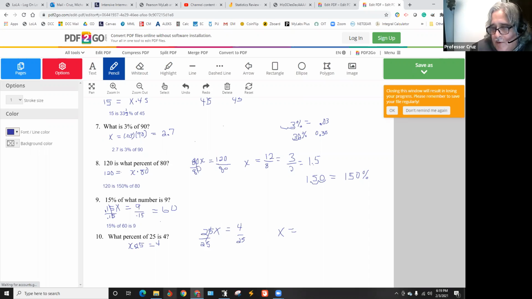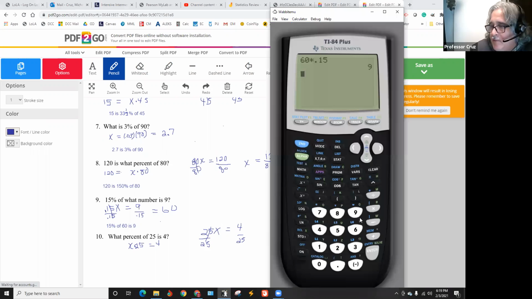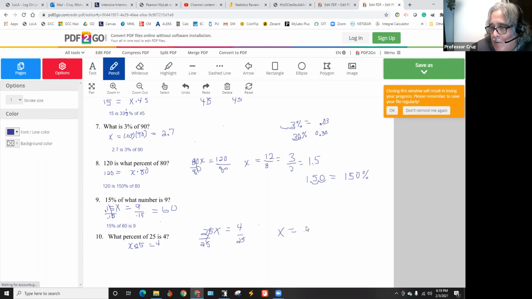Yeah, I think that's what it is. That's 0.16. So 0.16, which is equal to 16%. All right, any questions about those things?